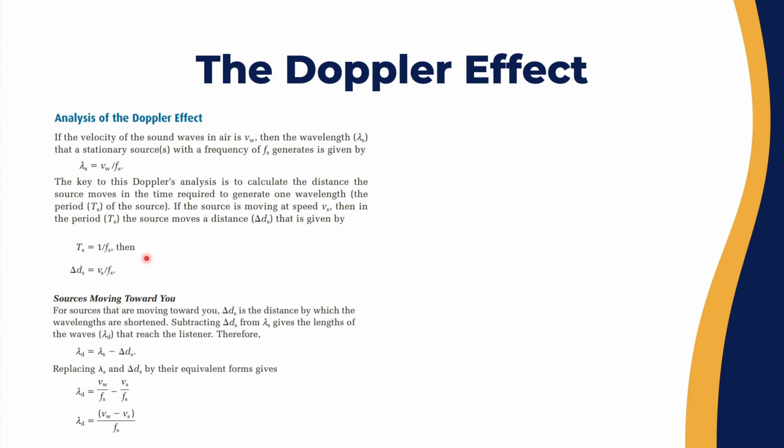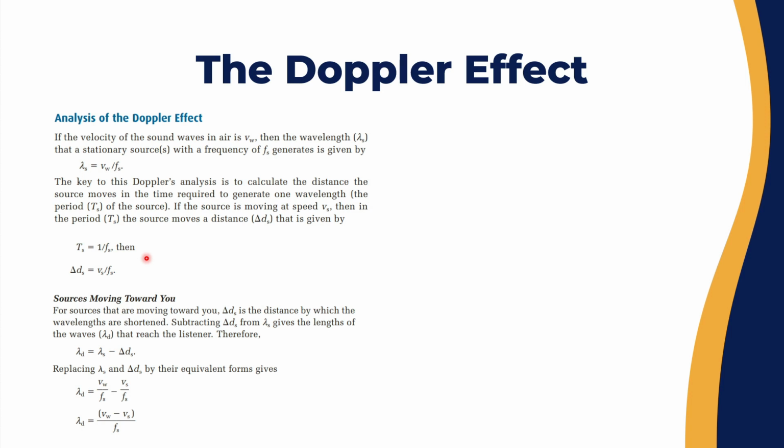So again, the analysis of the Doppler effect: if the velocity of the sound wave in air is Vw, then the wavelength is lambda s, that is a stationary source with a frequency of Fs, would give you lambda s equals Vw over Fs. To analyze the Doppler effect, you need to calculate the distance that the source moved in the time required to generate one wavelength.